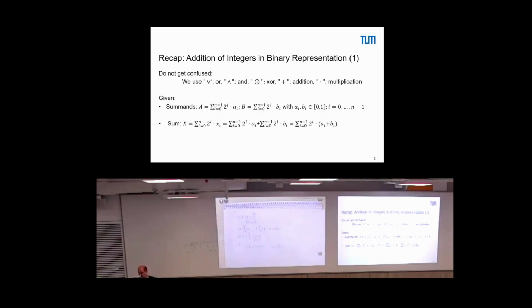Now what do we do? Well, we draw a truth table. We take A0, B0, C0, S0, and for convenience, I also write here a decimal value. So, which cases do we have? We have 0, 0, 0, 1, 1, 0, 1, 1, and the result should obviously be 0, 1, 1, and 2 in a decimal domain, right?